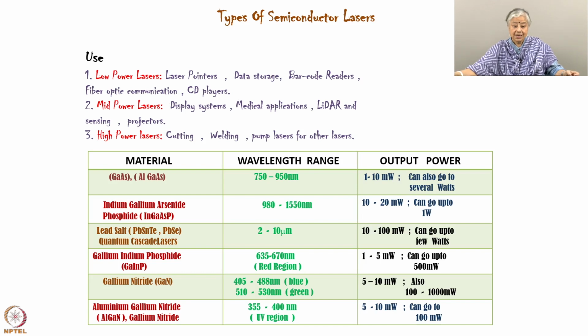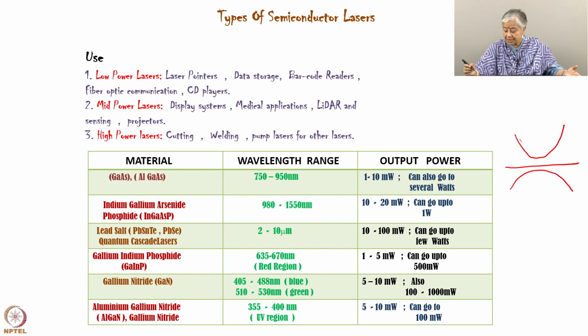Because gallium arsenide is a direct band gap semiconductor, and silicon is not. What do I mean by direct band gap? I have said before that in case of a direct band gap, the probability of photon emission, and therefore lasing action, is higher. So, this is called a direct band gap.